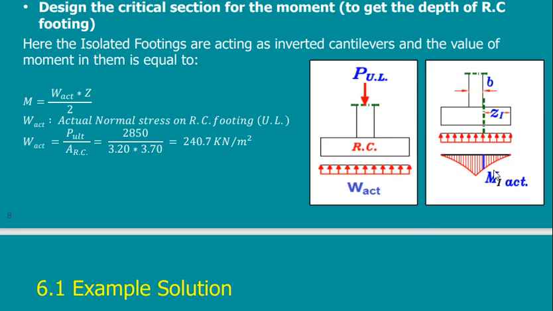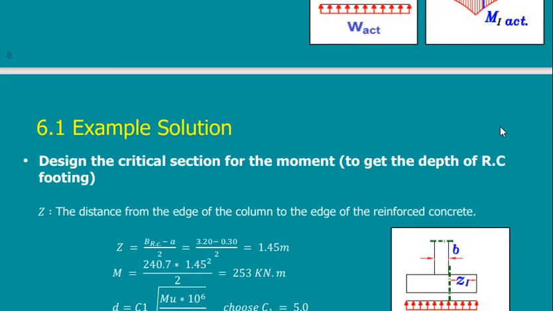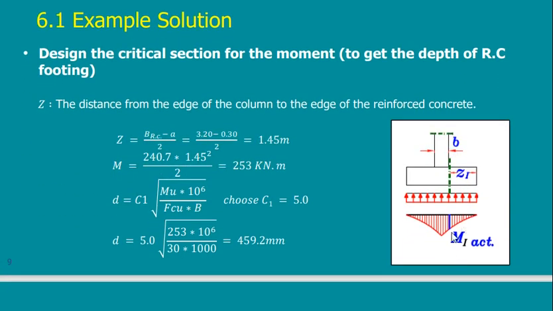So now I will calculate the moment at this location, so it will be W Z1 squared divided by 2. Z1 is this cantilever part of the footing. This is how we calculate the Z. Of course, you can even measure it on a drawing calculation.